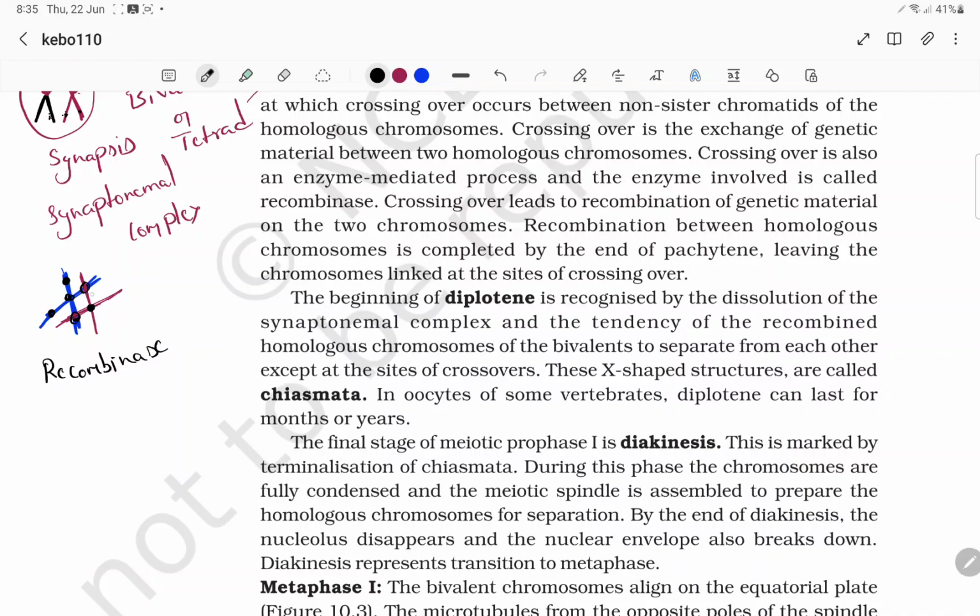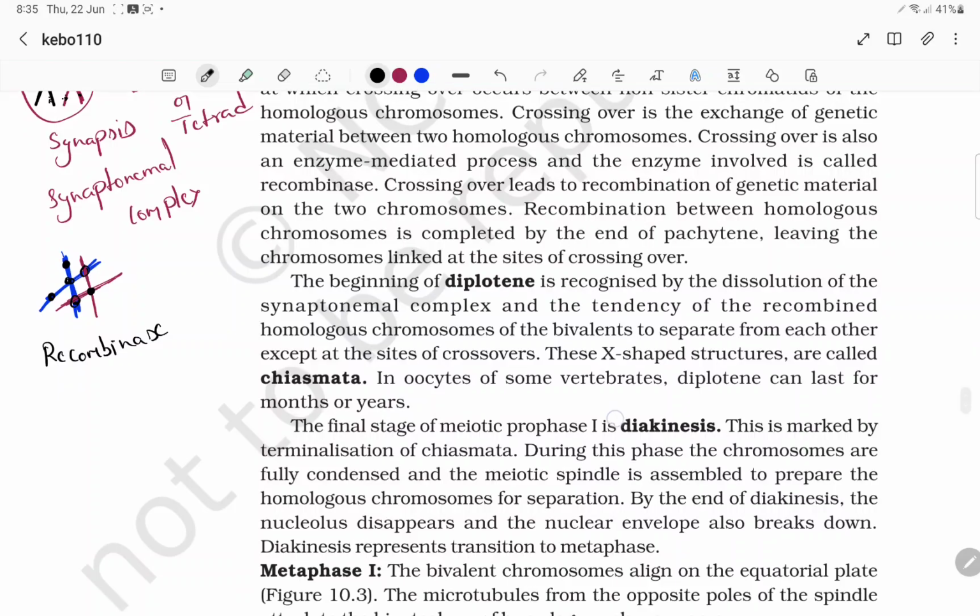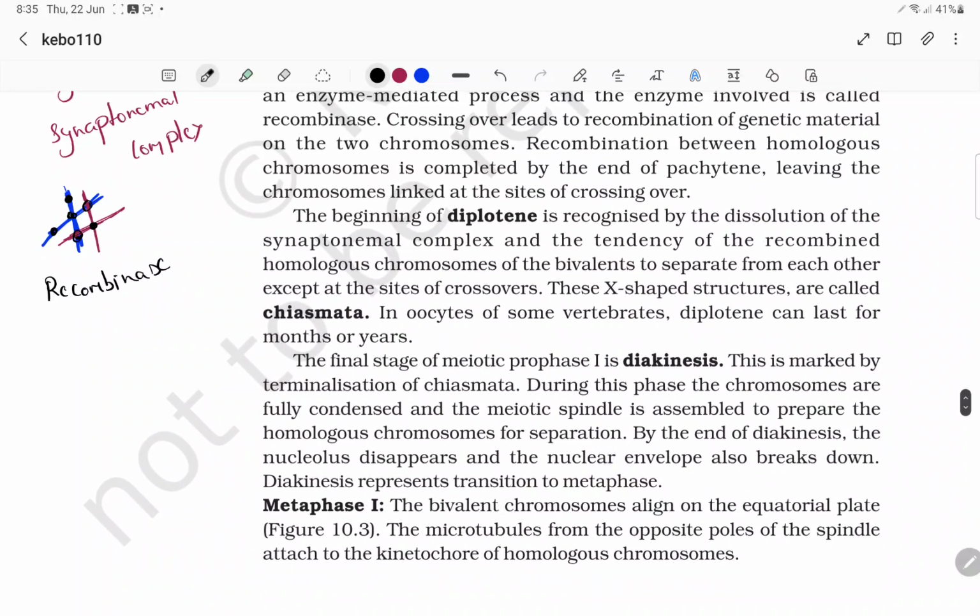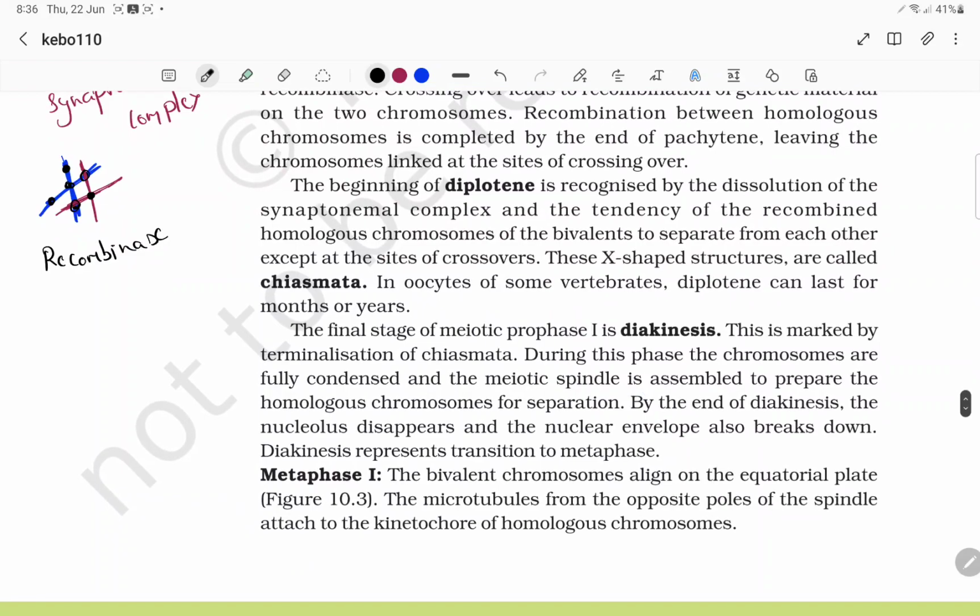Crossing over leads to recombination of genetic material between 2 chromosomes, and the recombination between homologous chromosomes will be completed by the end of pachytene, meaning the chromatids got exchanged. Only the chromosomes are linked at the crossing over sites.